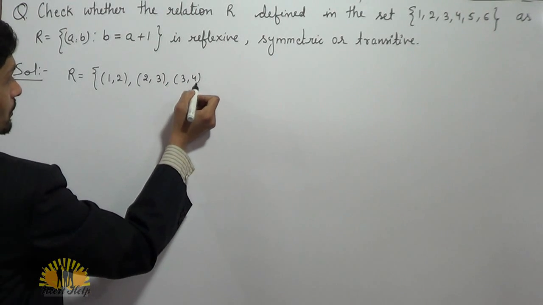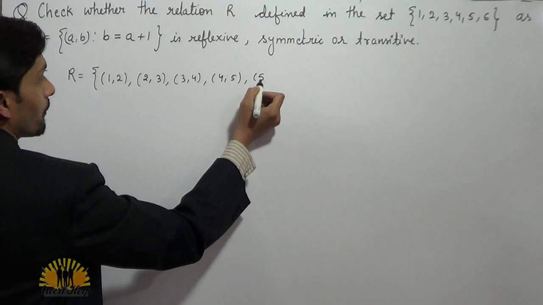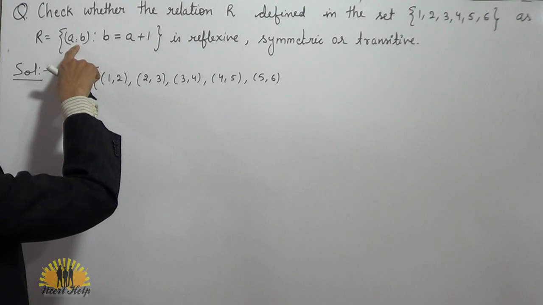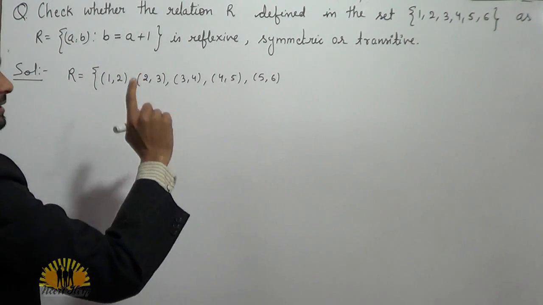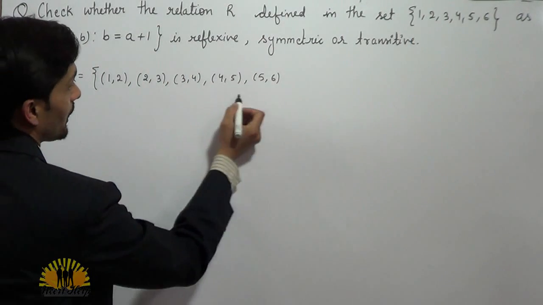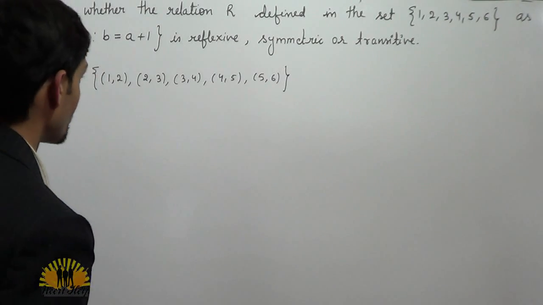Then 3, 4, 4, 5, 5, 6. But if we take A is equal to 6, then B will be 6 plus 1, 7. But 7 does not belong to the set. So only 5 ordered pairs will be in the roster form of relation R.